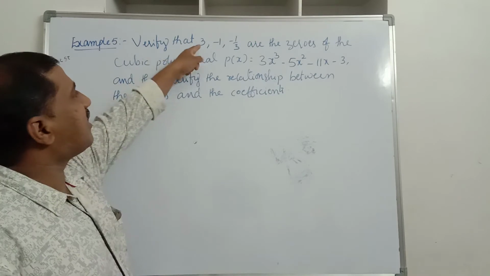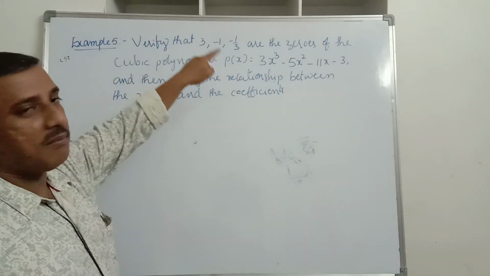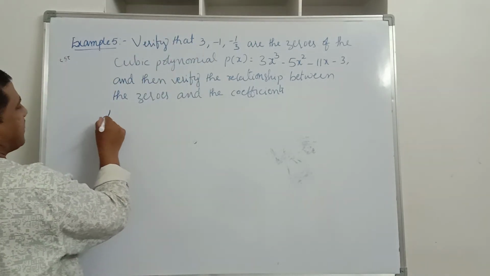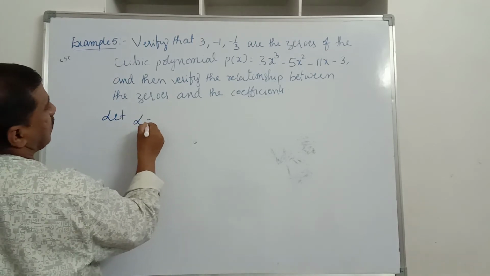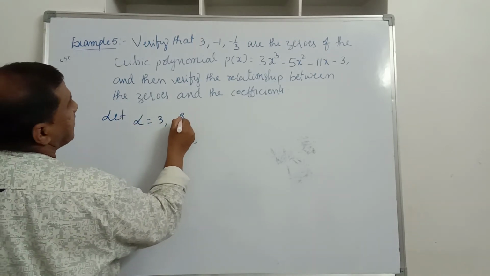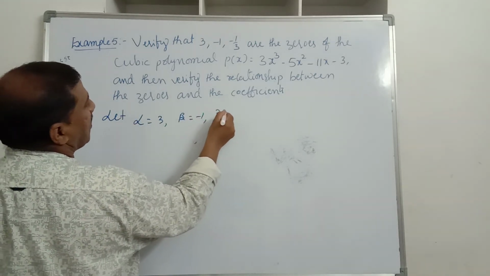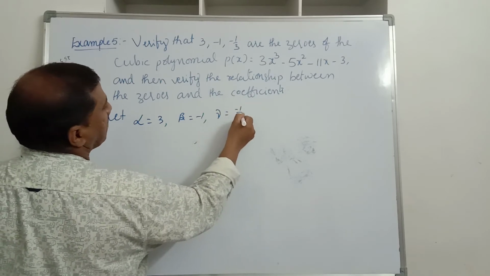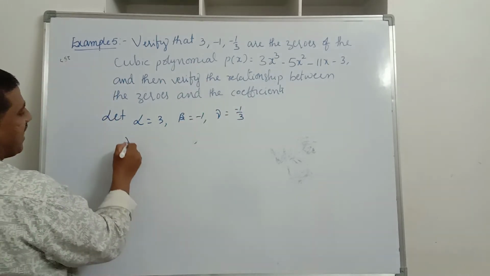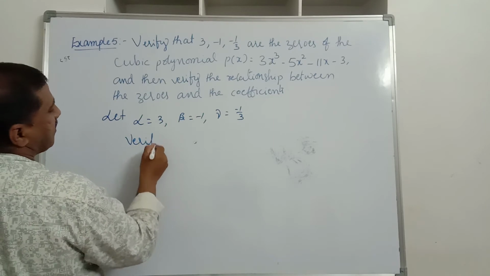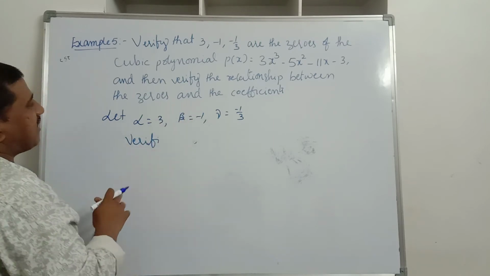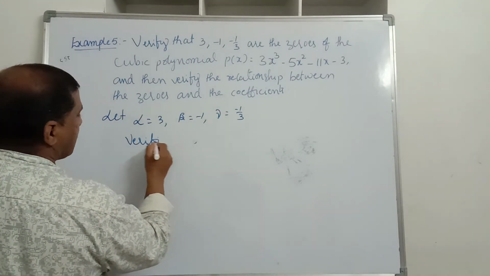So the zeros are 3, minus 1, minus 1 by 3. Let alpha be 3, beta be minus 1, gamma be minus 1 by 3. So now we are verifying the relationship between the zeros and coefficients.